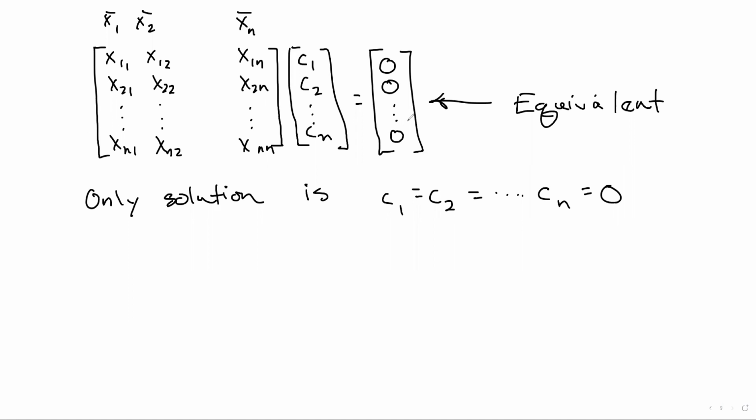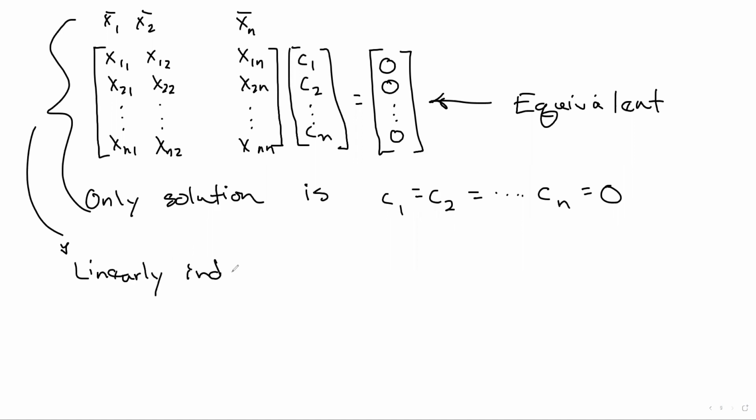If you solve that matrix equation and get that the solution is C1 through Cn equals 0, then that's linearly independent. This is another way of saying that you cannot represent any one of x1 through xn as a combination of the rest.